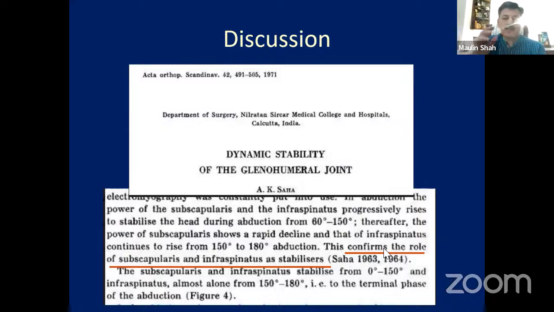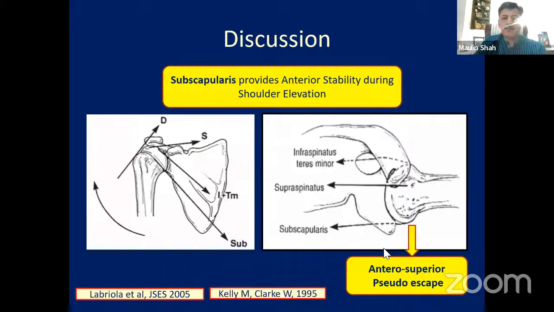The subscapularis contraction starts right at 60 degrees, and it keeps on doing so till 150 degrees. So the subscapularis is a very important anterior stabilizer. In the presence of its weakness, which we see in these patients, there will be a phenomenon known as anterosuperior pseudo escape. And this phenomenon happens somewhere between 60 and 90 degrees when the child tries to lift.